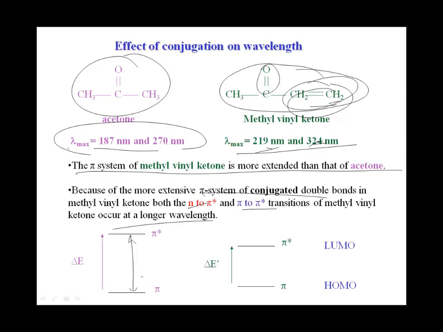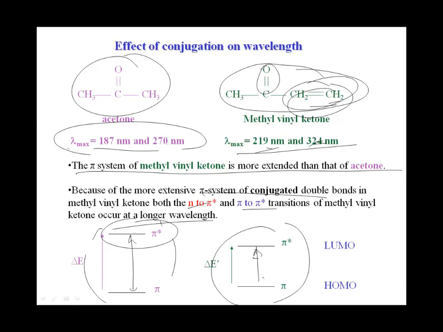So the more extended the system, the more the electron spreads out, and what mainly happens is the energy of the pi star orbital comes down quite a bit. Here you have it without conjugation, and here you have it with conjugation, and now the gap is smaller.